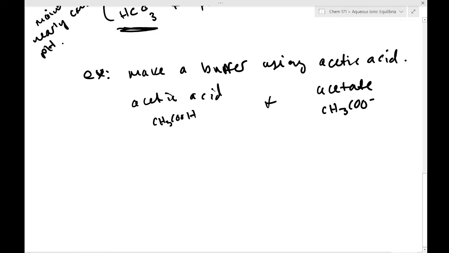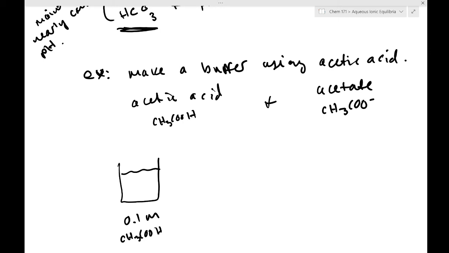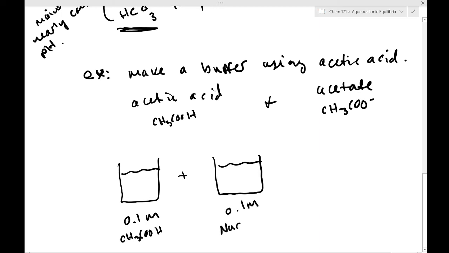So the way we can get that is we make up one solution of 0.1 molar CH3COOH. We just mix in some neat acetic acid into some water, and we can make a 0.1 molar solution. And we're going to add to that a solution of 0.1 molar sodium acetate.